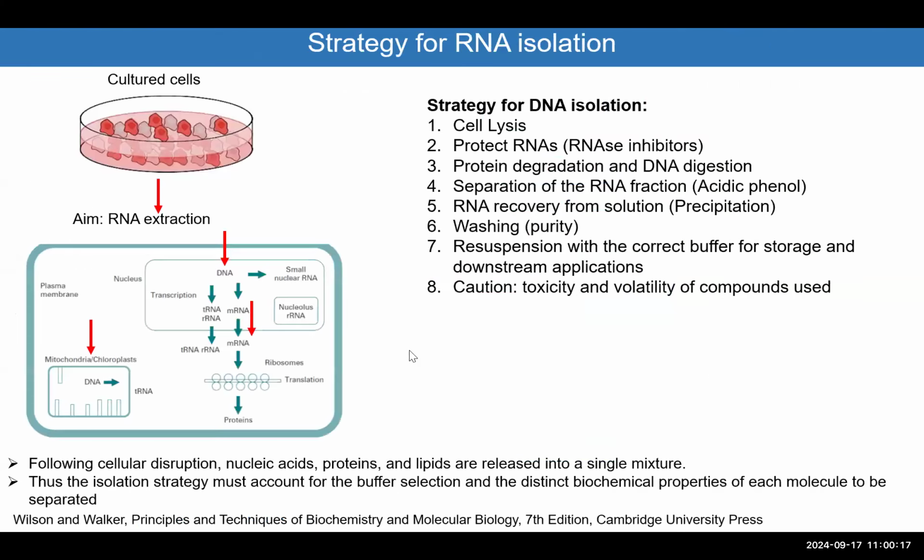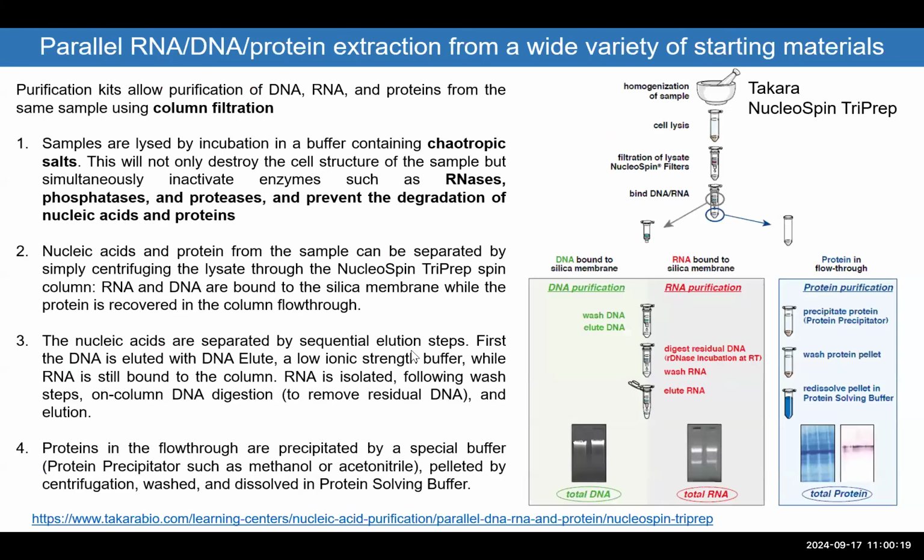So if I go back a little bit onto this slide, I went a little bit quickly here. When the column contains DNA and RNA, the DNA is bound to the silica membrane, right? In case you want to do the DNA purification, you simply wash and elute the DNA. And now you go to another step, right?